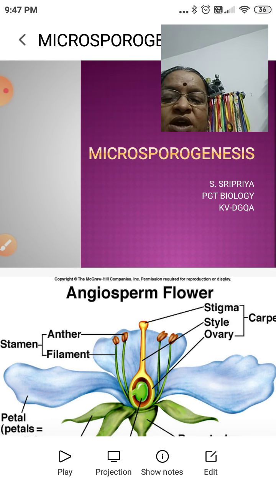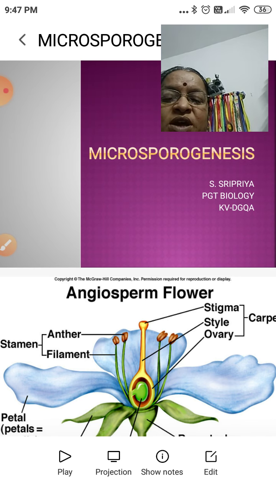The four microsporangia are visible, 1, 2, 3 and 4. Four microsporangia inside which the pollen grains are produced. From these pollen sacs, the mature pollen grains will be dehisced out when the wall breaks open. Right.